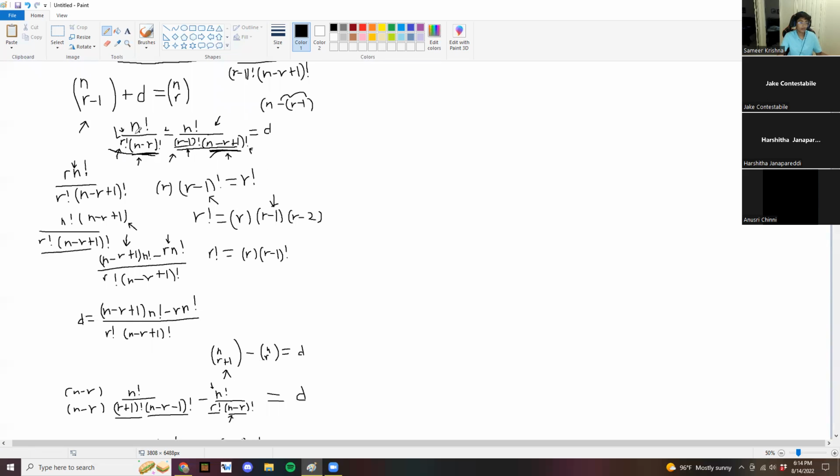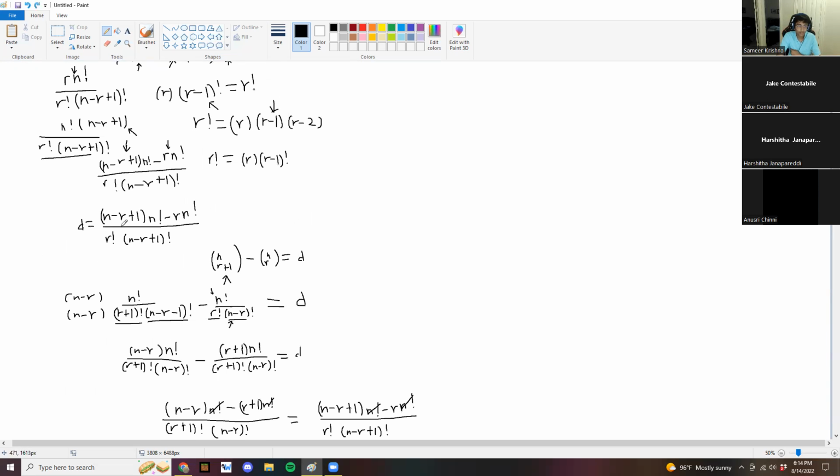Wait, no, other way around. This part is n choose r. This part is n choose r minus 1, which is equal to d. As we simplify this out, when we subtract these two fractions, we get this. That's our answer.